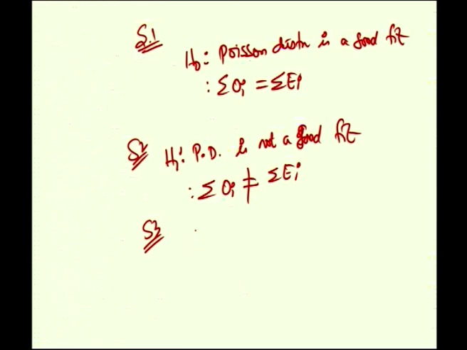And step 3 says level of significance is 5 percentage, and degrees of freedom we shall not calculate at present because the Poisson distribution needs some kind of pooling. So, we have to see what degrees of freedom are lost when you are doing the calculation.